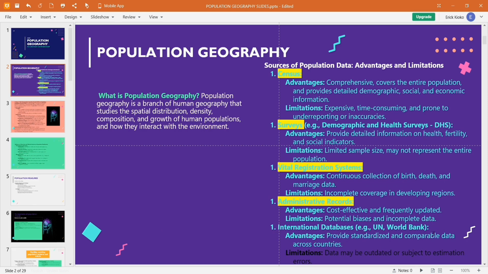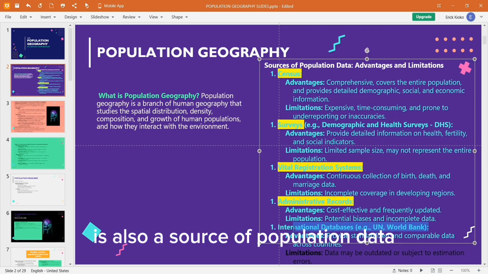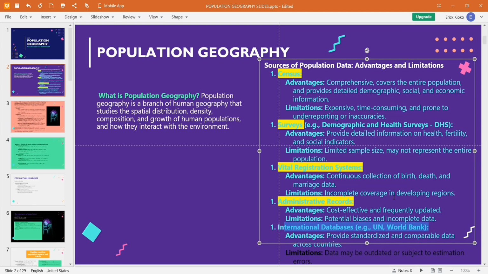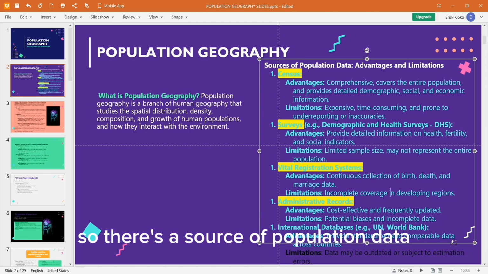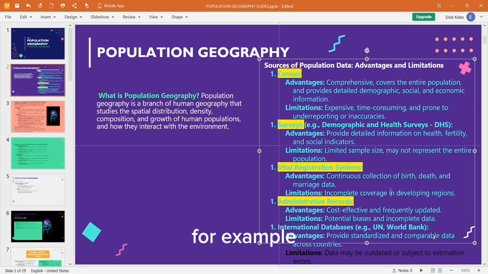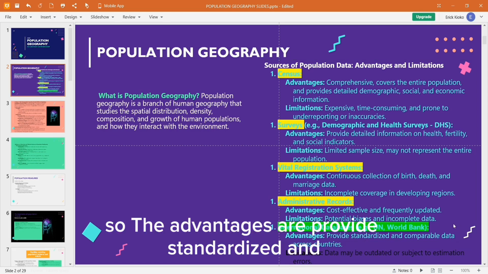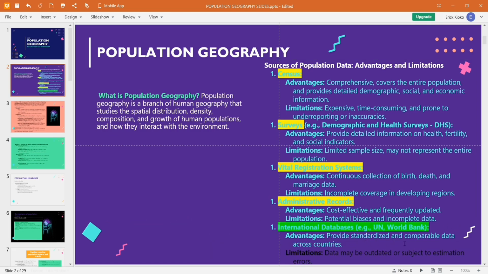International databases are also a source of population data, for example, the World Bank and the UN. The advantages are that they provide standardized and comparable data across countries.